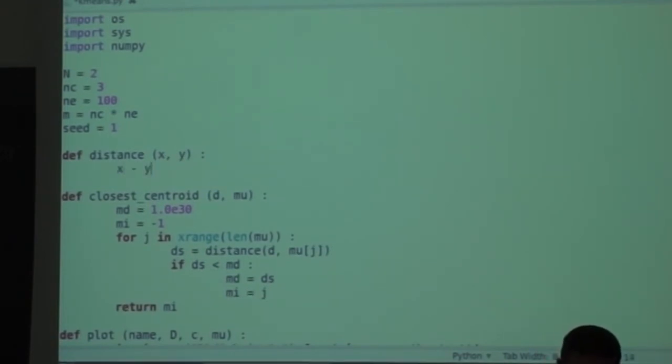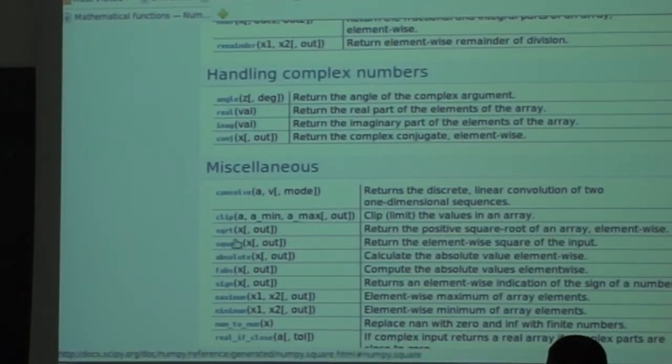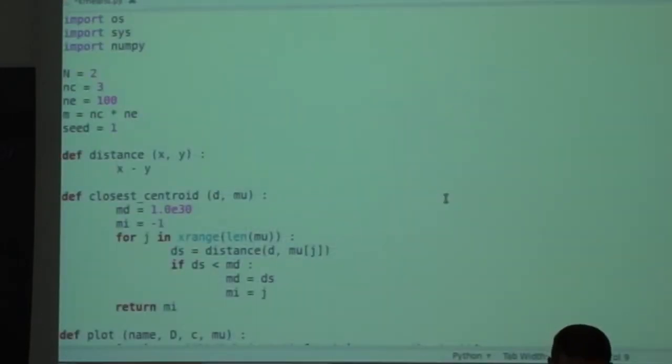We need to take the difference between the vectors, that is the difference between x and y. We need to compute the square of every input, and we have this square function to do it. And next we have to add all elements up.